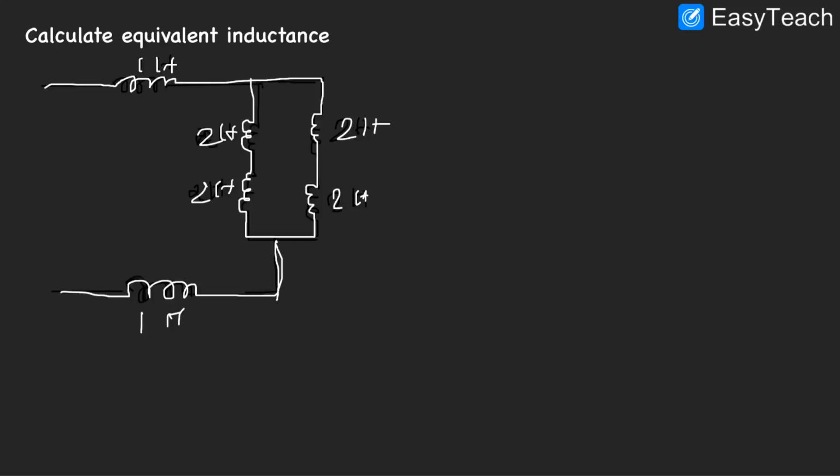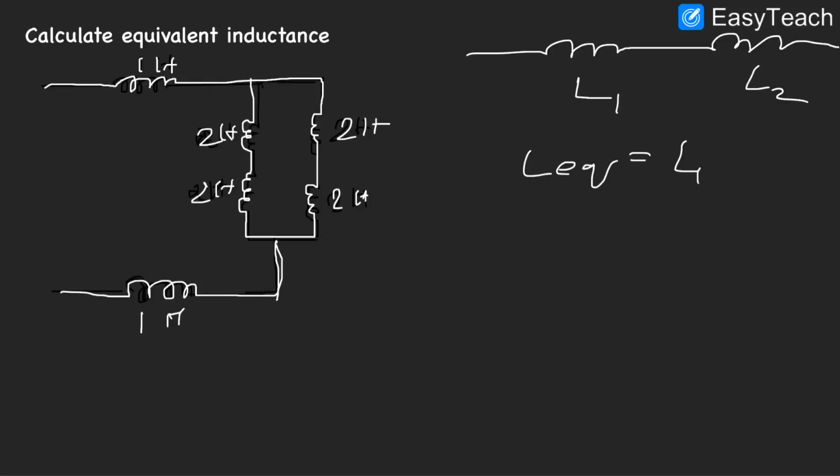If you have resistors in series, you just add them. In the same way, if you have inductors in series, you just add them. And if they're in parallel, or in branches, you use the branch formula.